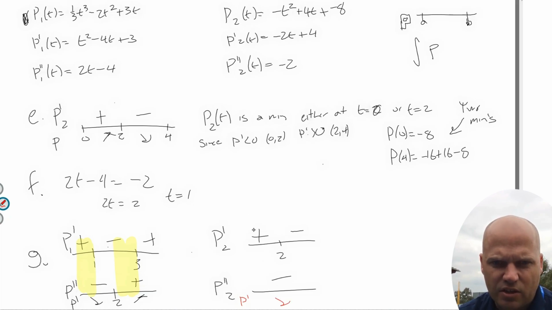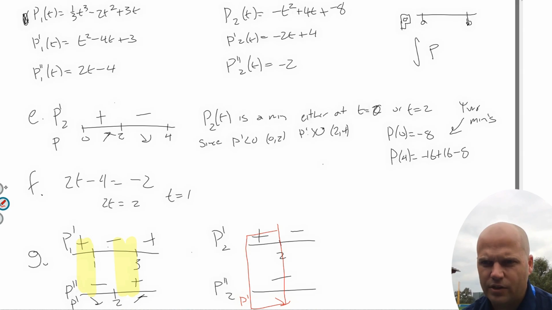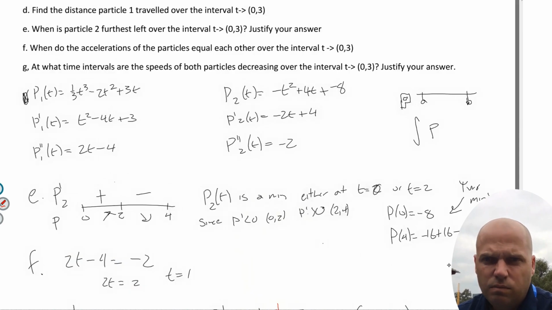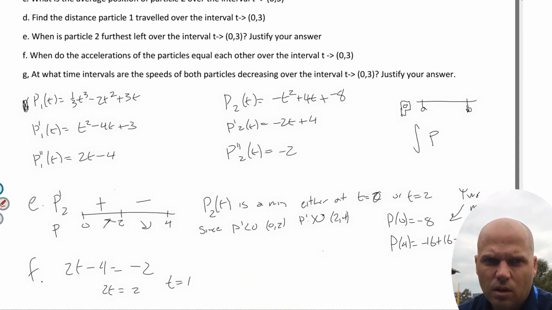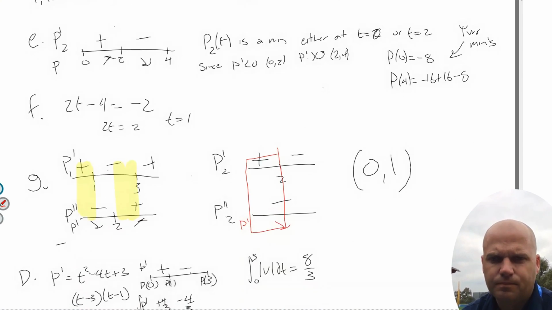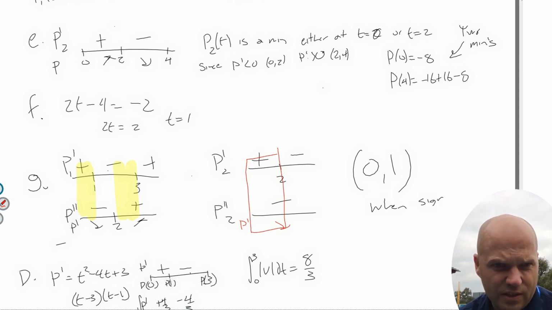Positive velocities that are decreasing, so up to 2. So 0 to 1 is the only time that they intersect. All right. To justify, I would say when the signs of V and A are opposed.